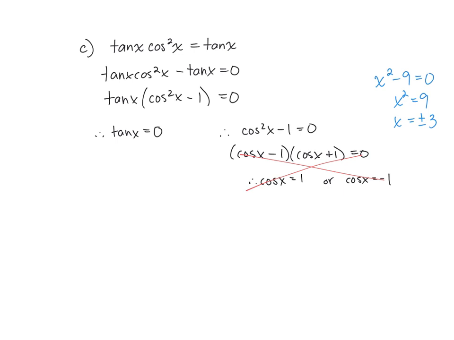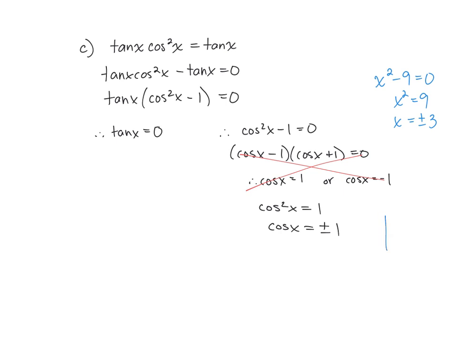Same thing here. We have one term with a variable, so let's isolate, which I could have done from step 1, right? Like I could have gone straight to here from that initial step, square root both sides, and now I just have the square root of cos squared x is cos x, so I'm going to have cos x equaling a plus or minus 1.